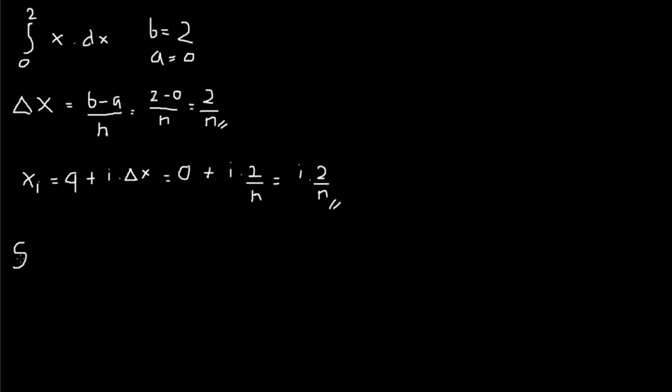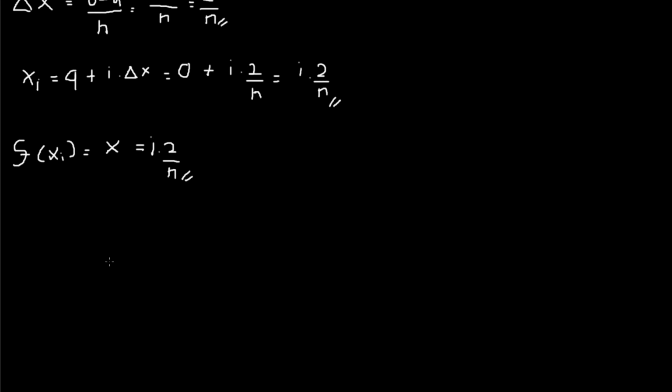So f of xi is equal to x, which is our original equation. I'm going to replace x with xi. So x is equal to i times 2 per n. So now we have our f of xi.